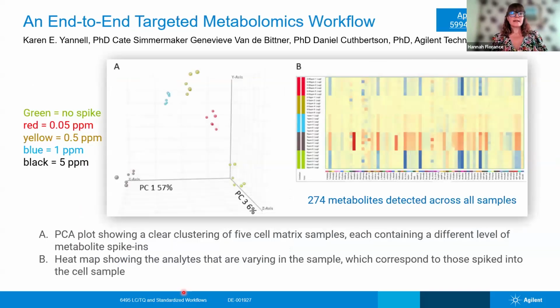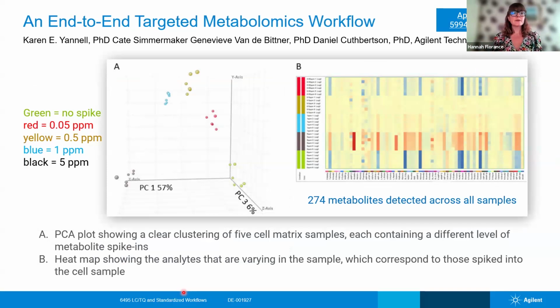The nice thing about this is if we go back to our discovery workflow, we've now got an end-to-end approach in what we would call maybe pseudo-discovery, because it's a targeted method, but it's covering a whole panel of metabolites. This example just shows how you can then do chemometrics. There were 5 cell matrix samples that were spiked with different levels of metabolites.